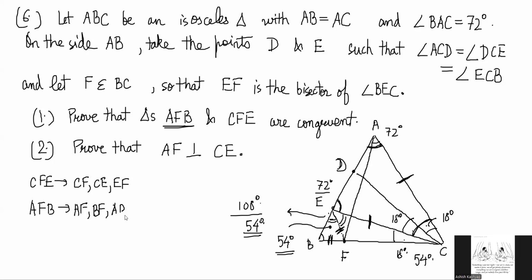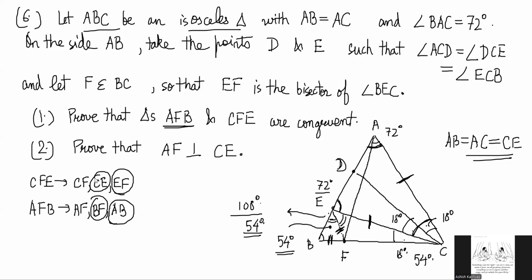We already know EF and BF are the same, right? Yes, sir. And we know AB is equal to AC, and AC is equal to CE, so AB is equal to CE.